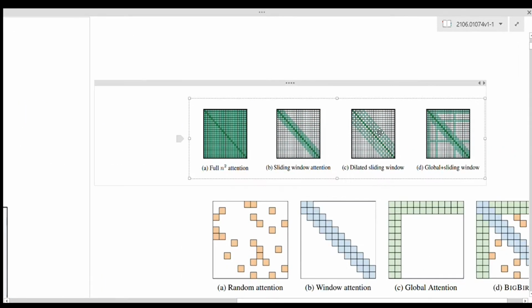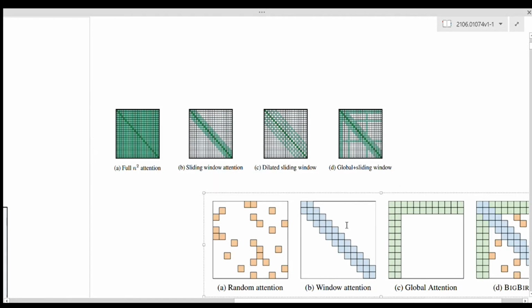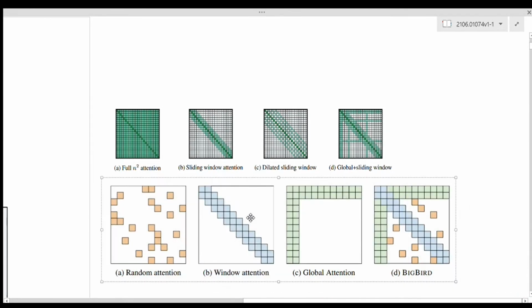Both of them use local or global attention where the input is m into m, where m is our encoded sequence, and we know that in attention there is a quadratic complexity of m squared whenever we are using the self-attention mechanism.